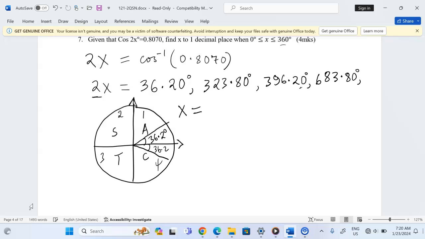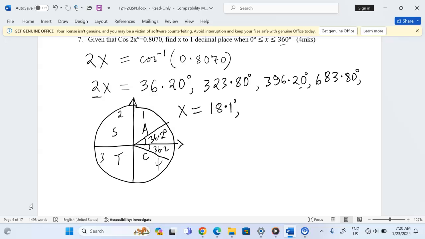when all these values are divided by 2, 36.2 out of 2 gives us 18.1. Remember to one decimal place now, so the final answer should be to one decimal place degrees. The next is 323.8 out of 2.